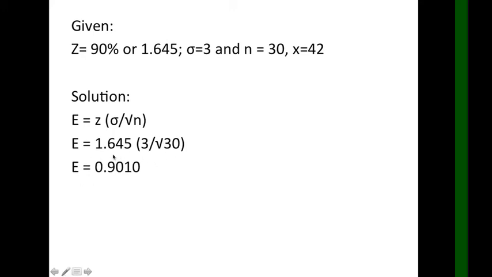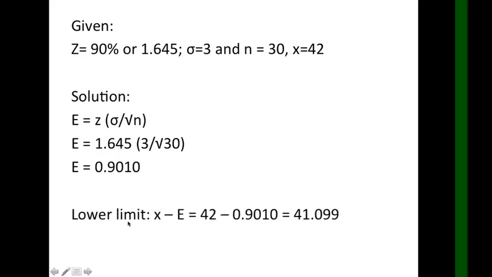Now, how can you get now the confidence interval? So to get that one, we have this one. For the lower limit, or the lower confidence limit, we have the formula, yung pinakita kanina, no? X minus e, which is equal to 42. That's the x.